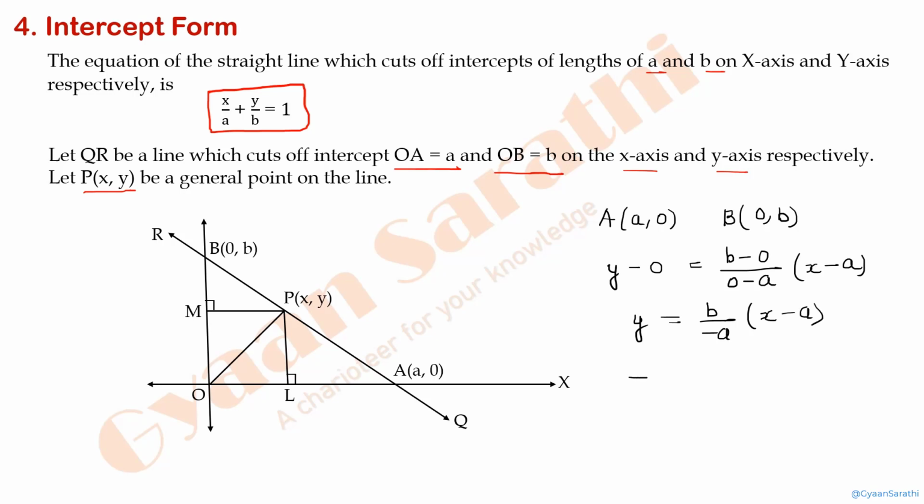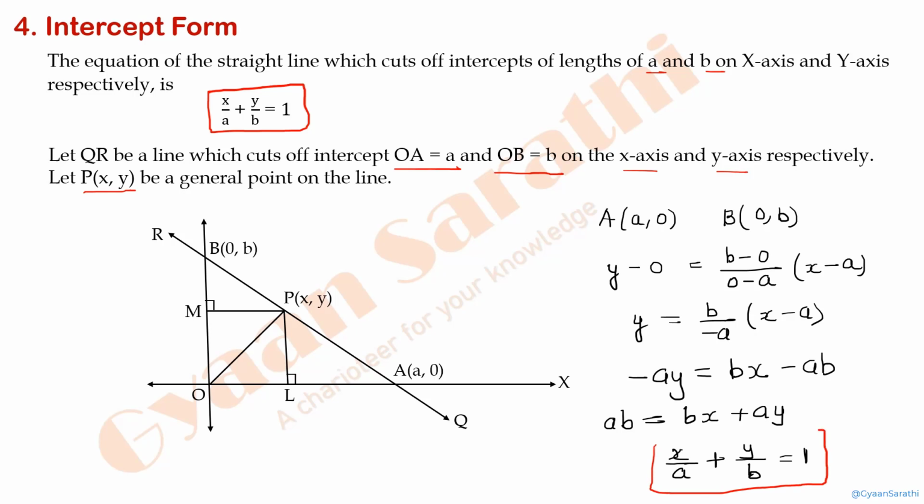Cross multiplying, we get minus ay is equal to bx minus ab. Now sending ab to the other side and bringing ay, this becomes ab is equal to bx plus ay. Dividing by ab, we get x by a plus y by b is equal to 1, which is the equation of the straight line in the intercept form.